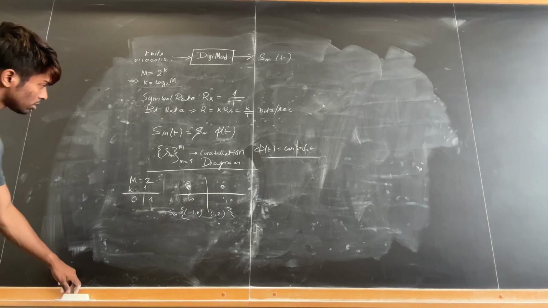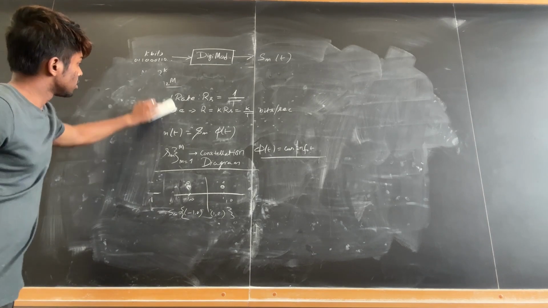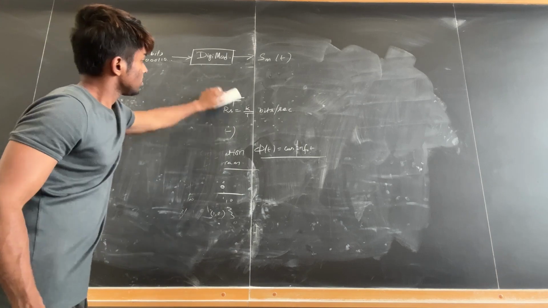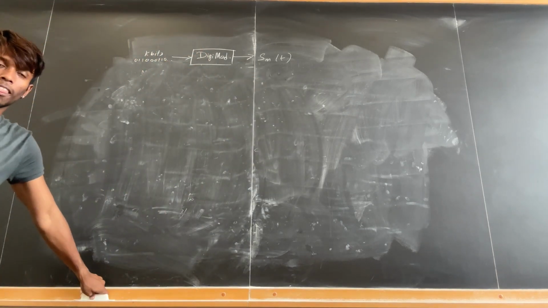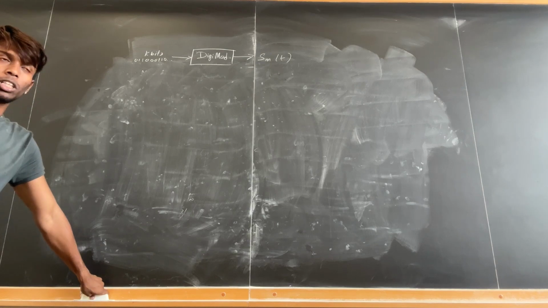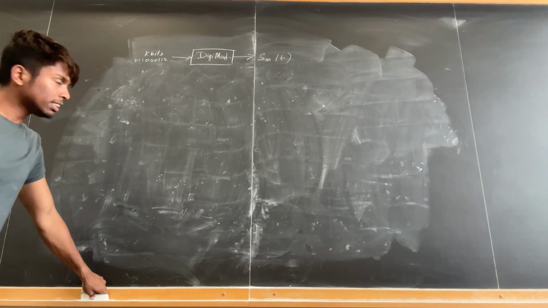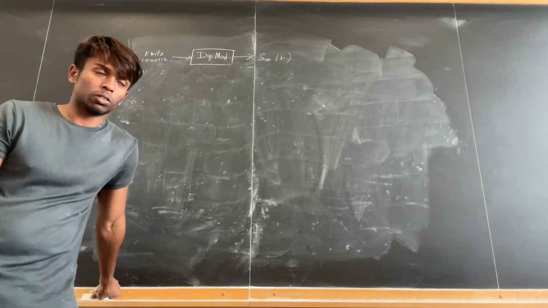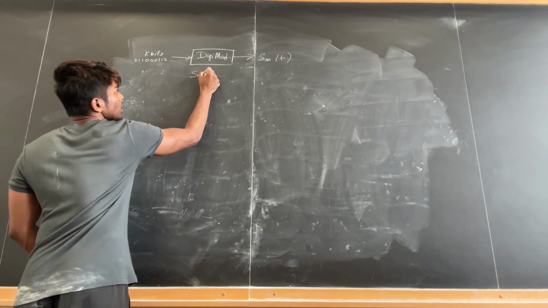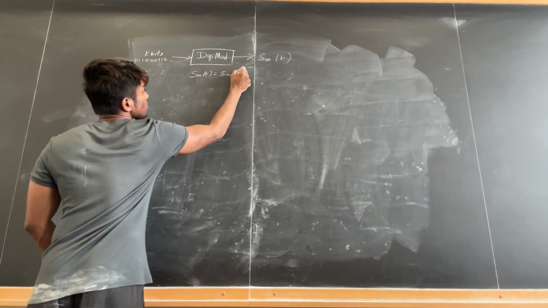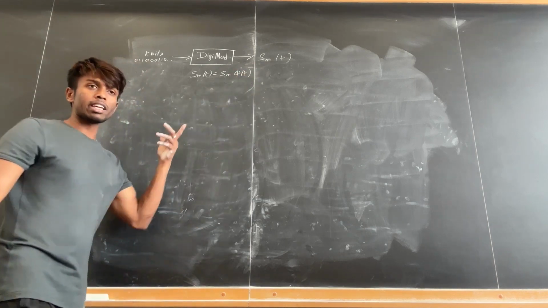In any case, moving forward, we have digital modulation, several schemes. One scheme is pulse amplitude modulation. So we are essentially making s_m(t) equal to s_m times phi(t), where phi(t) is our carrier signal.